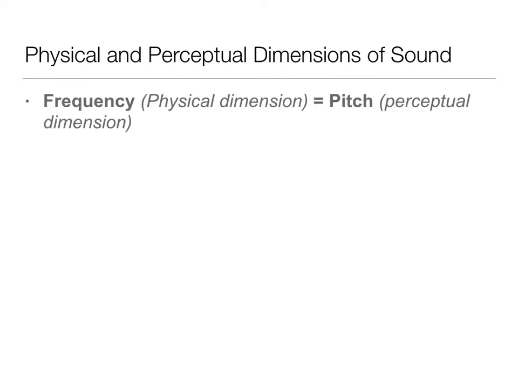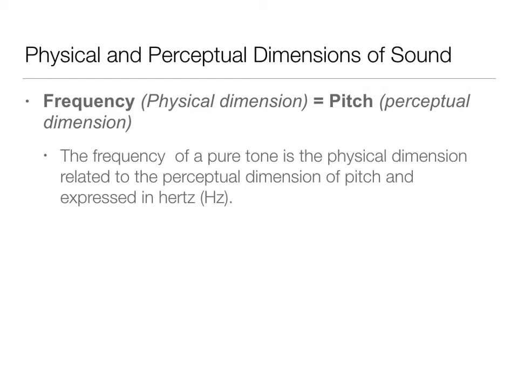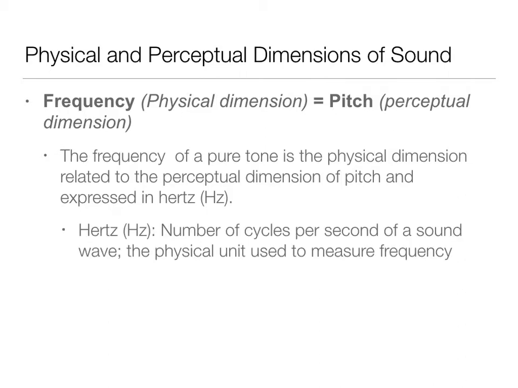So again, frequency is that physical dimension of that sound wave, where pitch is that perceptual dimension of how we're interpreting that physical stimulus. So the frequency of a pure tone is that physical dimension, how many times that cycle repeats itself over a time period. And we measure that in terms of hertz, okay? So hertz is literally the number of cycles per second of a sound wave.